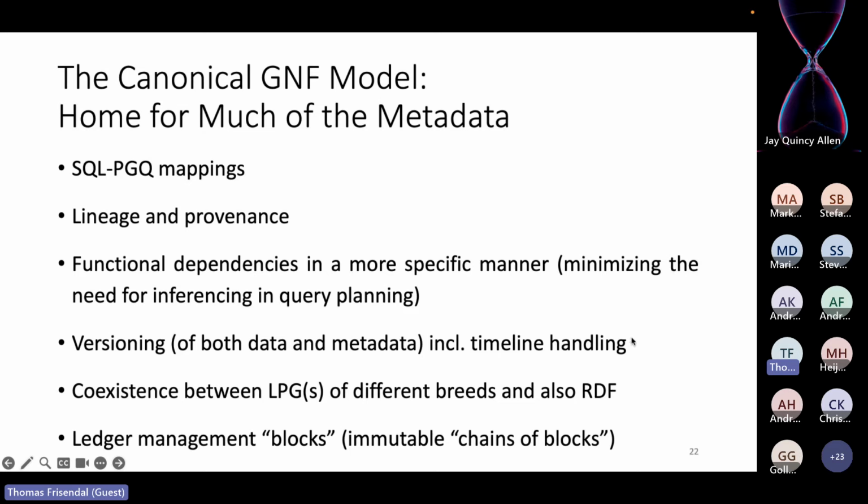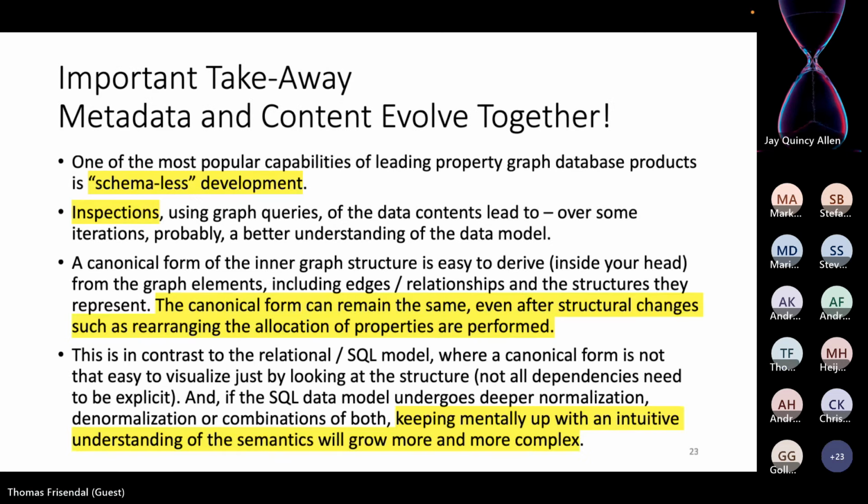Versioning can be handled on that level, generating physical instructions to the query optimizer to do the complex timeline logic for you. It can enable consistency between different data models, and you can even extend it to do ledger management of immutable chains of blocks controlled by the canonical data model.